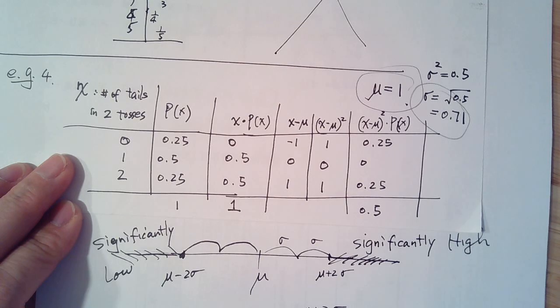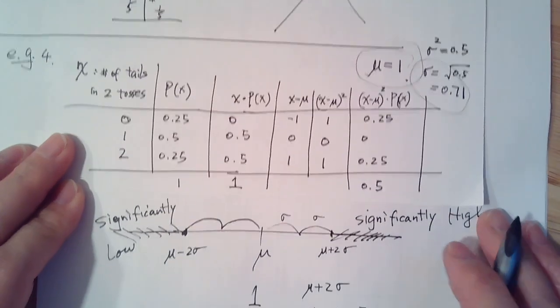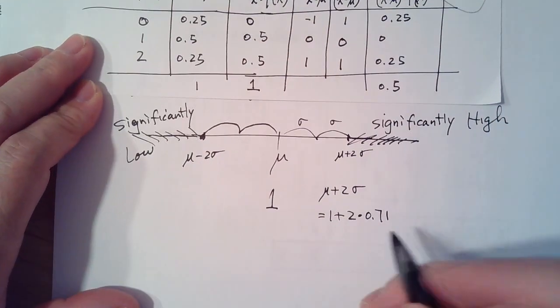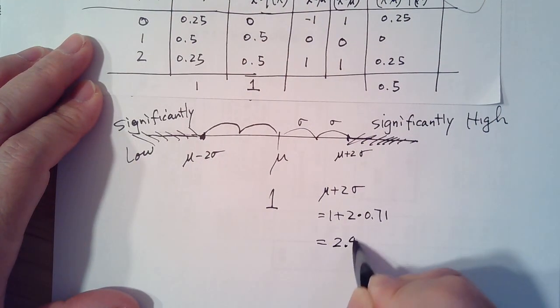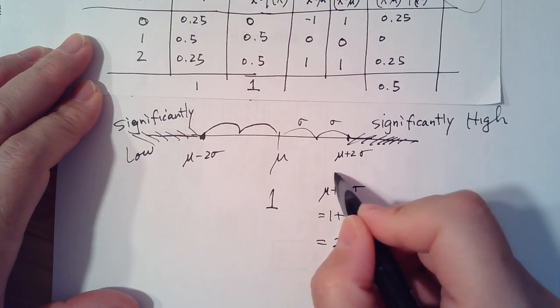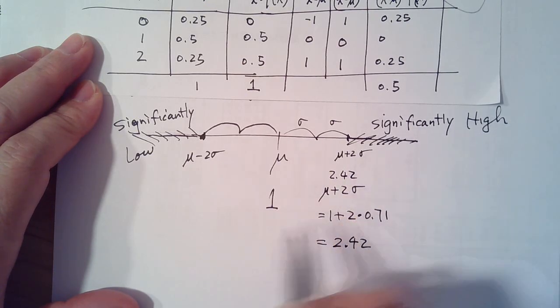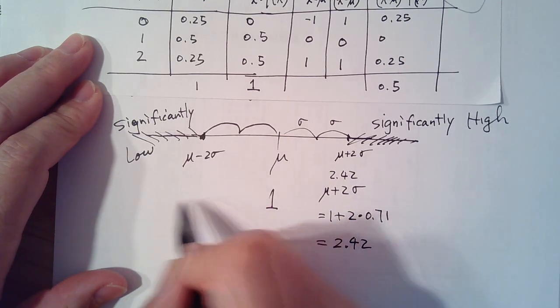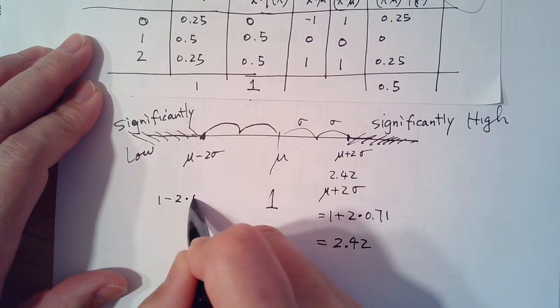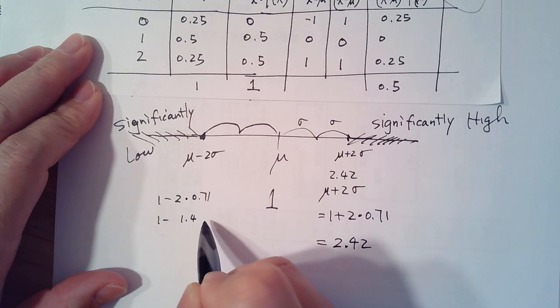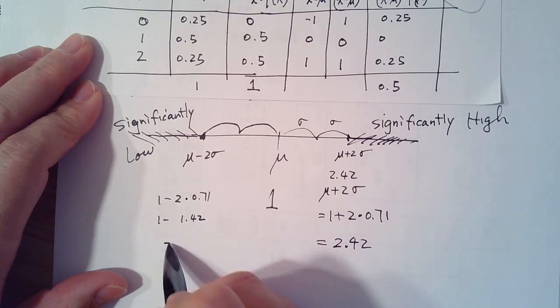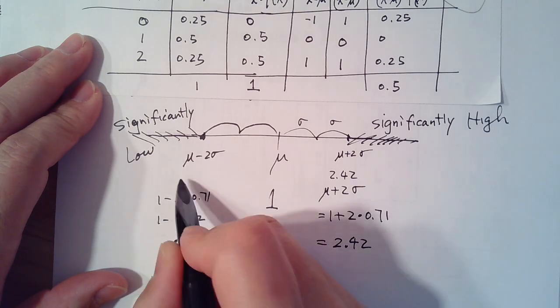It has a value, right? That's 1.42, so it's going to be 2.42. So here's 2.42. And the other side, mu minus that, so it's 1 minus 2 times 0.71. So it's 1 minus 1.42. So you're going to get negative 0.42. So that's negative 0.42.